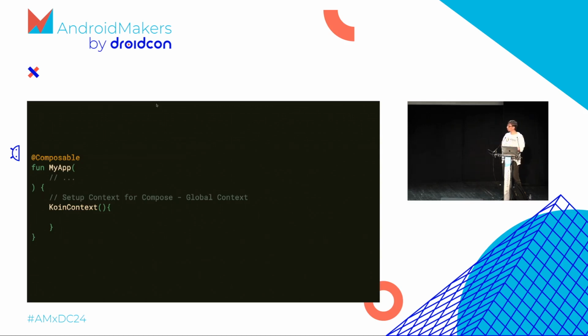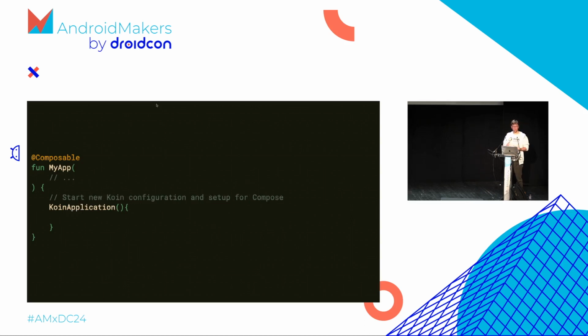For this, you have Koin context that lets you say, okay, in Compose, wire me with the default context, and then put that in the local composition. The other one is Koin Android context. The same, but also looking at the closest Android application in the space to wire everything. This one can be useful if you are using end-to-end test integration, the UI test, for example.